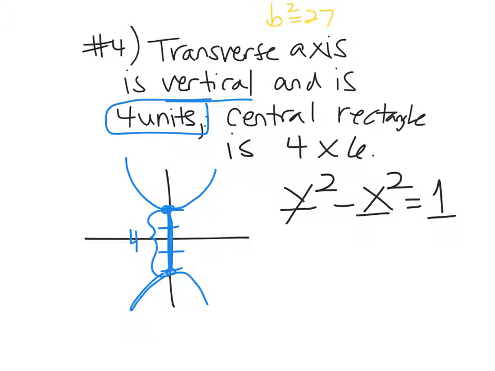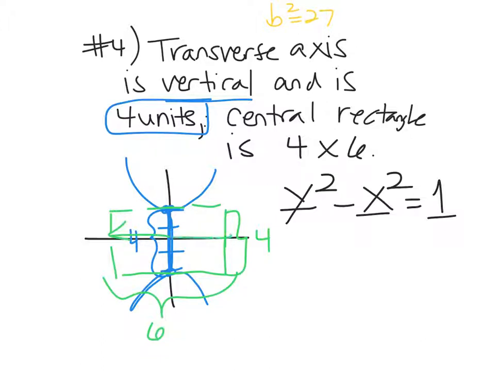All right, then the central rectangle. Remember when we did these rectangles? Okay, the rectangle is a 4 by 6. So that means that if I were to draw this rectangle, this side would be 4. They gave me that. And this side over here is 6. Now, if the rectangle is 6, how far do you go left and right to get a length of 6? Perfect. 3. It's like you're taking half of everything. And then when you put these in over here, you have to square them.